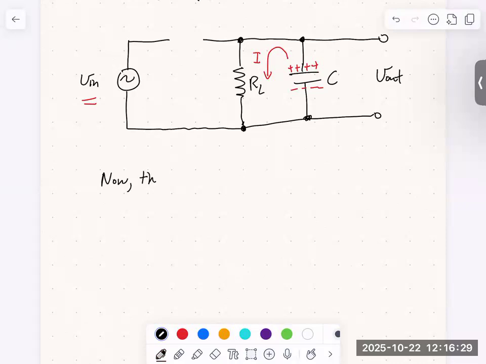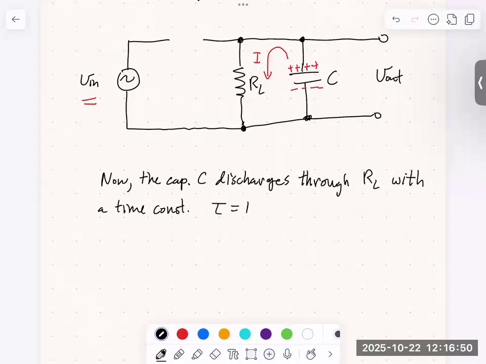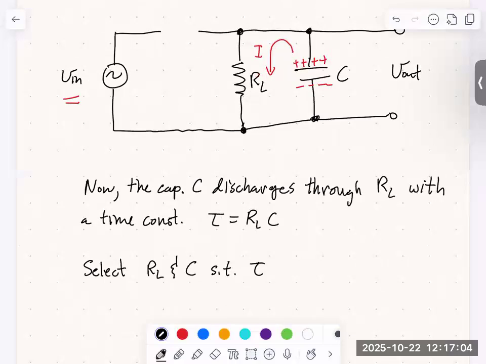So now the capacitor C discharges through RL with a time constant, tau equals RL C. Okay, and so we're going to select RL and C such that tau is much greater than T, which is the period of the sinusoidal input.